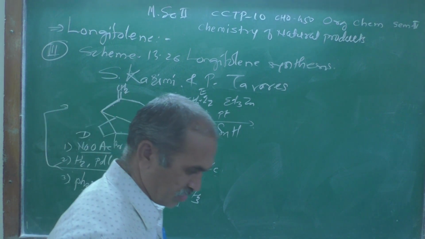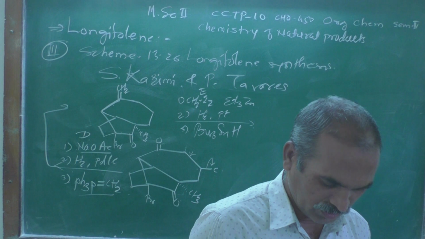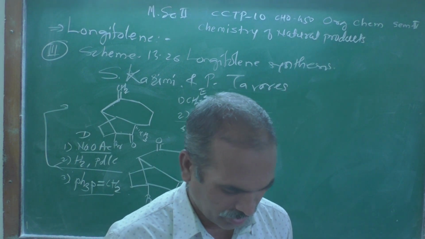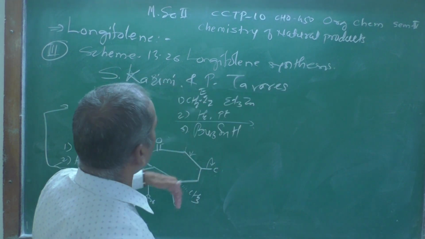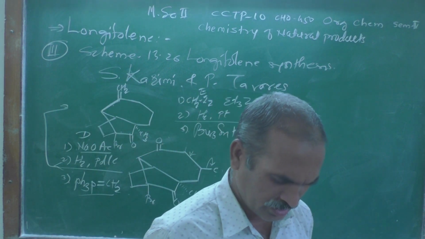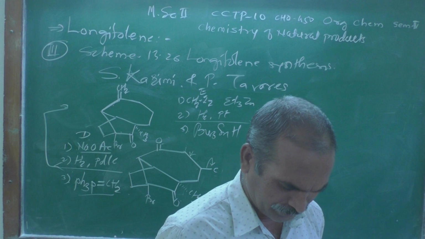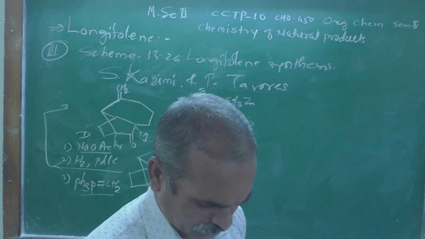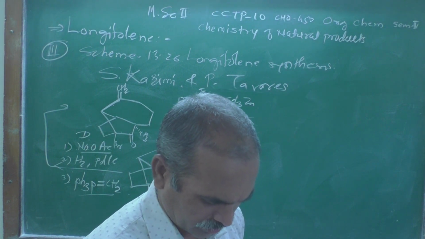Generally this reagent is used in a photochemical reaction. These are the E reagents. After adding all these reagents suitably, you are going to get the product.